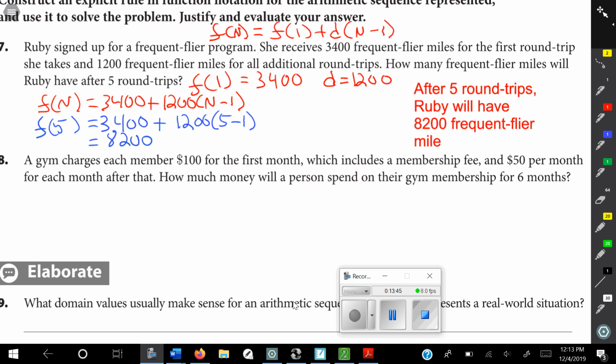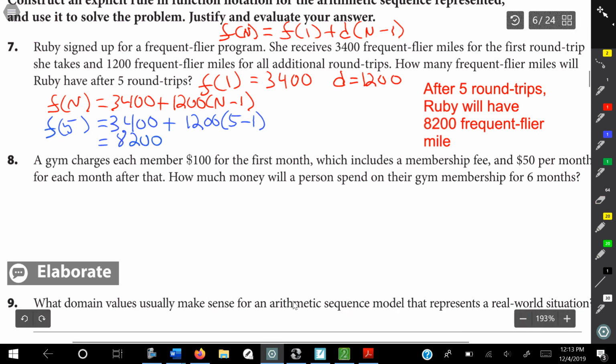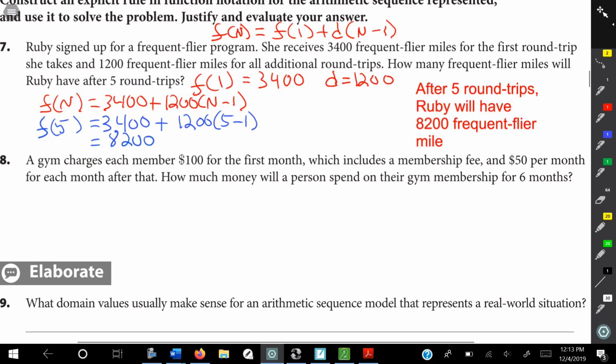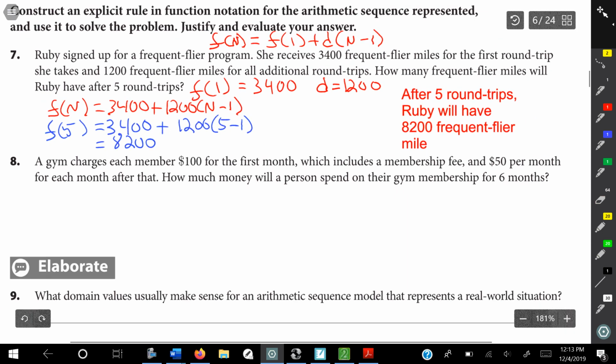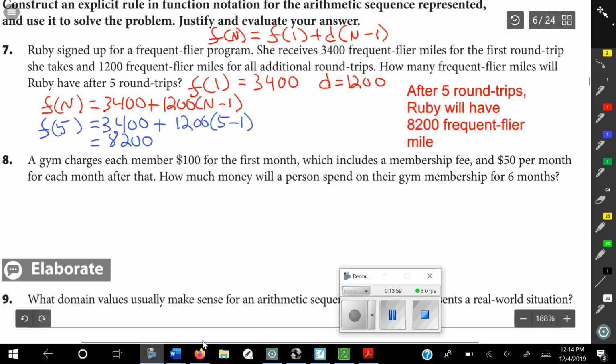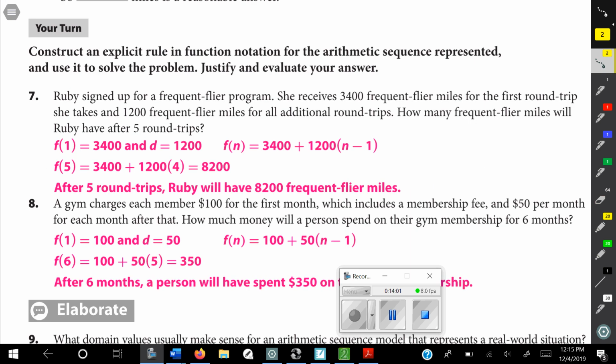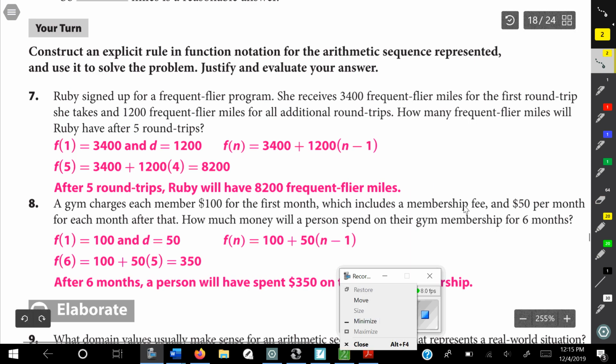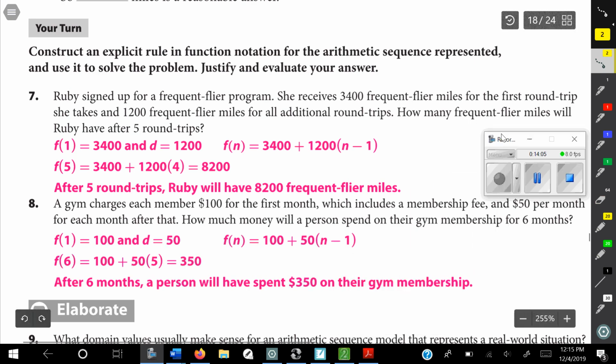Okay, now go ahead and take a look at number 8 here and see if you can solve that one. All right, so you should have this.